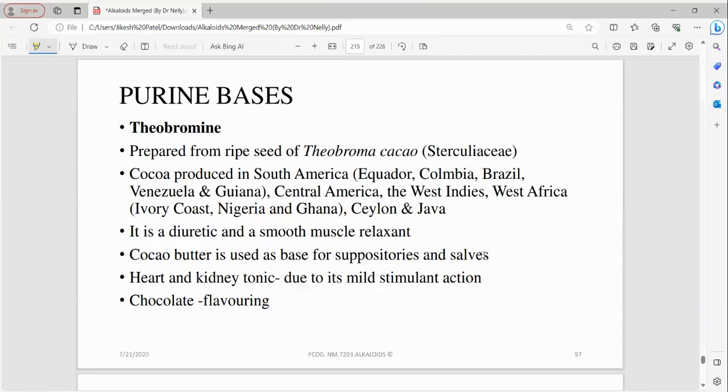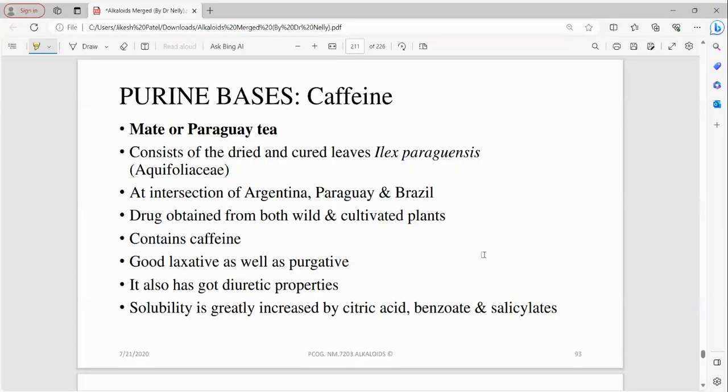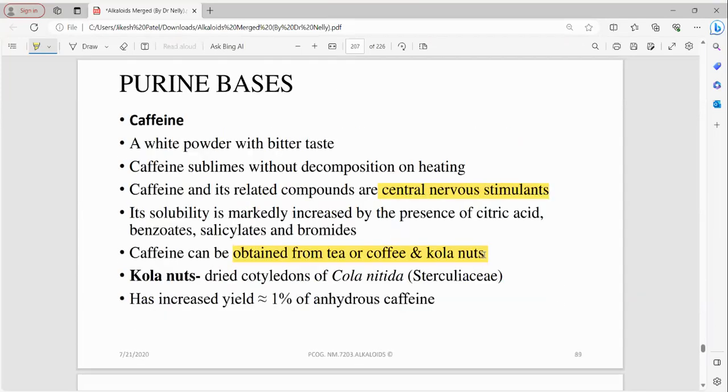Now let's go one by one. That was just a summary. Let's start with caffeine. It's a white powder with a bitter taste, which sublimes without decomposition on heating. But the third point is our focus: caffeine is a CNS stimulant.